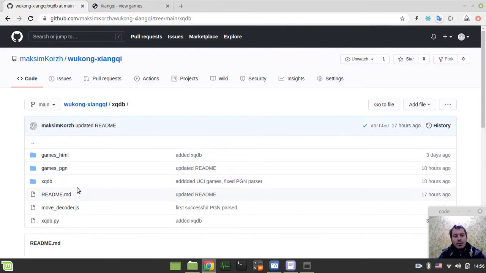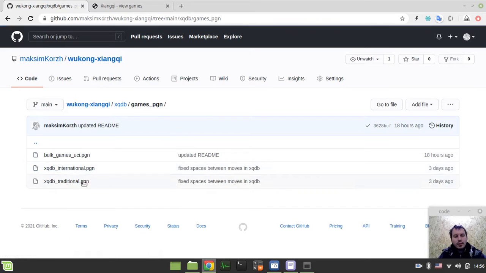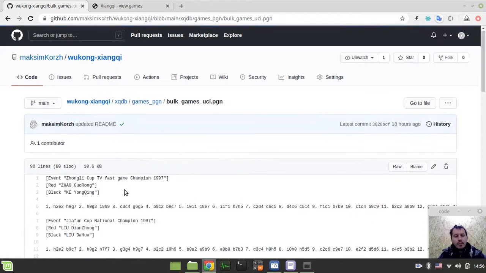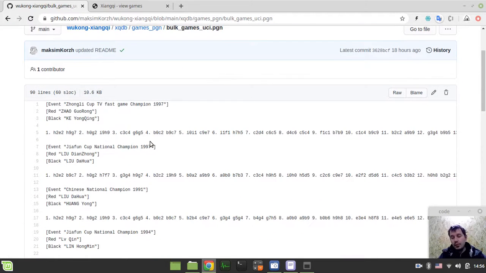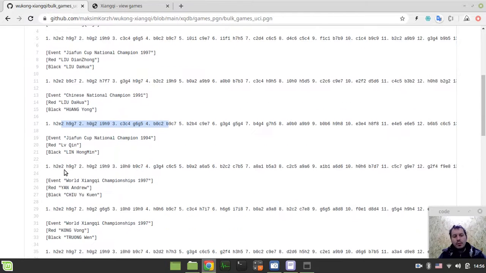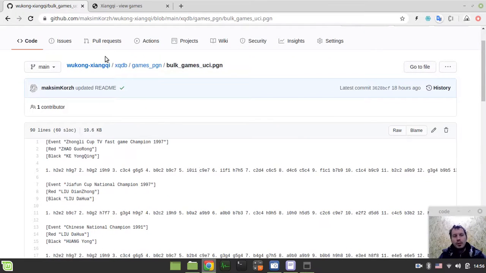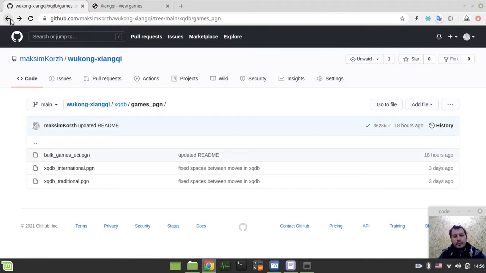Having the games themselves, I've created the PGN parser that was introduced in the previous video, that allows us to come up with this sort of moves. With these moves, we can now load the games into our engine, and there are two ways of doing things.